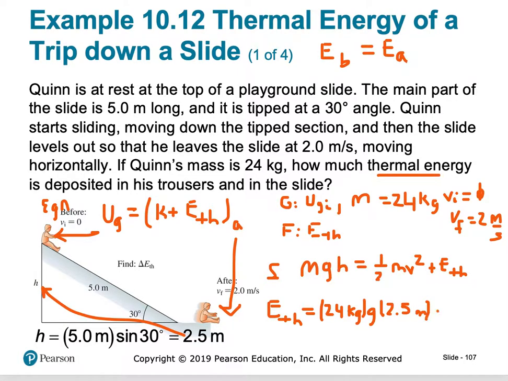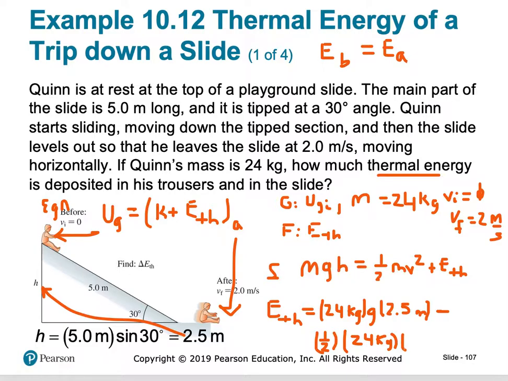You need to subtract off 1/2 mv squared. Our same mass of 24 kilograms, times v squared.